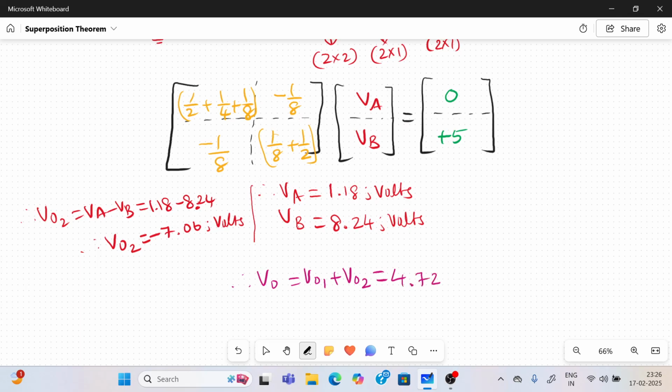V02 is minus 7.06. Now the actual voltage also will be negative. 4.72 minus 7.06. The answer is minus 2.34 volts. So this is our final V0.